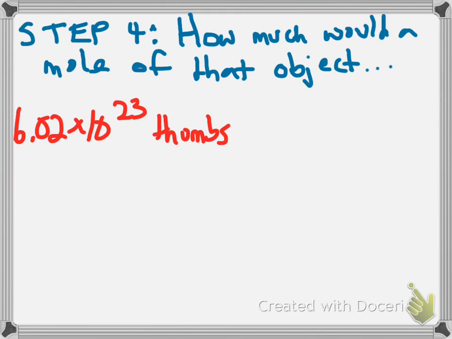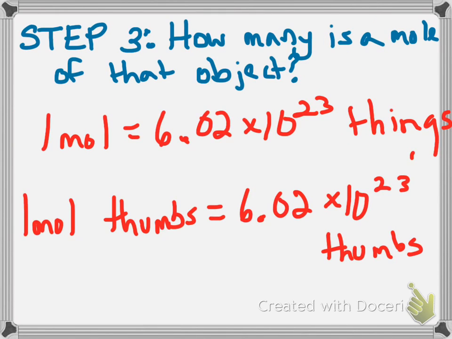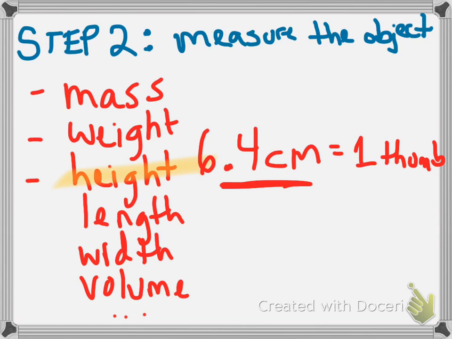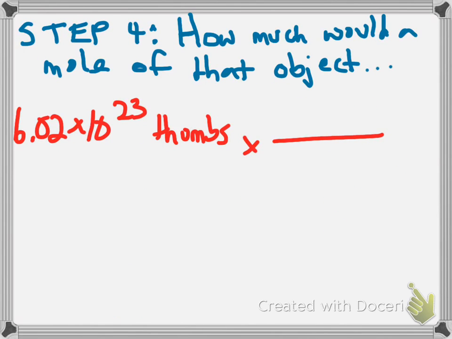I know that 1 thumb is equal to 6.4 centimeters. So if I had a mole of thumbs, if I had 6.02 times 10 to the 23rd thumbs, then how many centimeters would I have? So I'm trying to convert into centimeters, so that goes on top, and I'm trying to get rid of the unit thumbs.